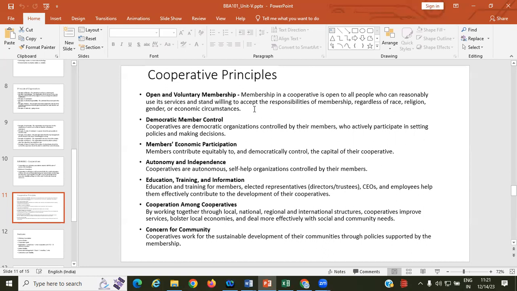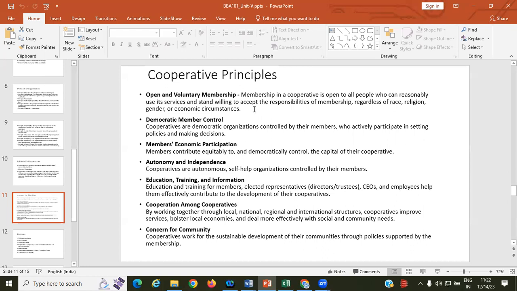Concern for the community. One of the objectives you read in the before slide is service to the society. So if you are a member of the society, you should be equally concerned about the community where you live.